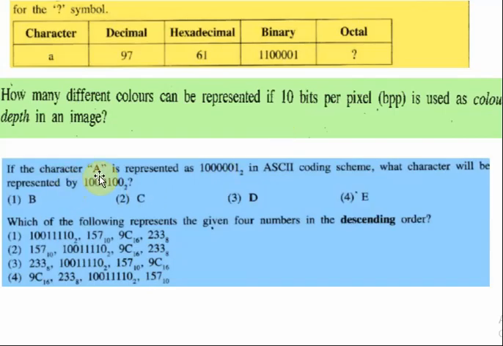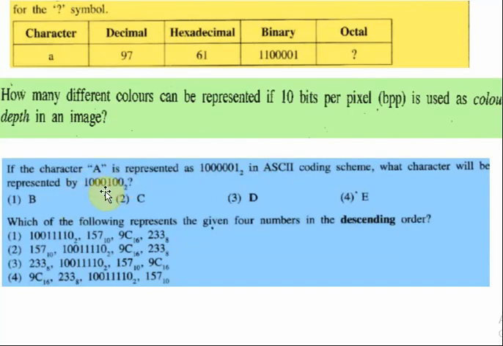Now here, if the character A is represented as this in the ASCII coding scheme, what character will be represented by this? Take this value and see. This is 65, right? Then take this other value. Here 64, and here the place value 4. 64 plus 4 is 68.